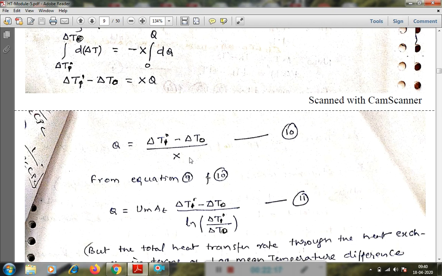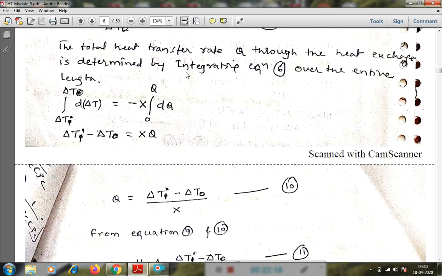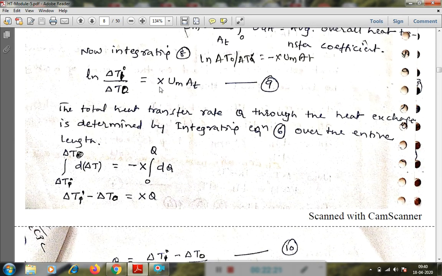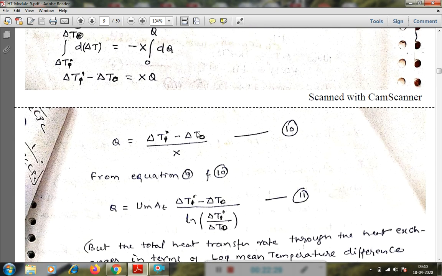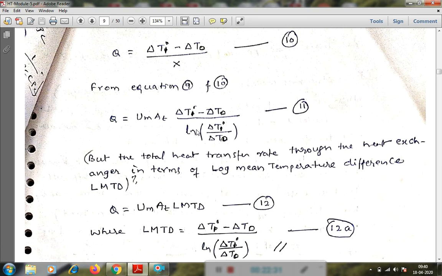Here the x value, taken from the earlier equation, is x equal to ln of delta Ti by delta T naught divided by UM AT. Substituting that into this equation, with UM AT taken into the numerator, q is delta Ti minus delta T naught by ln of delta Ti by delta T naught.